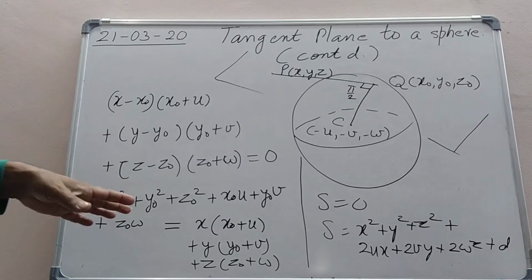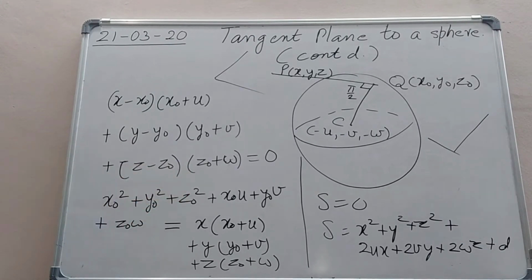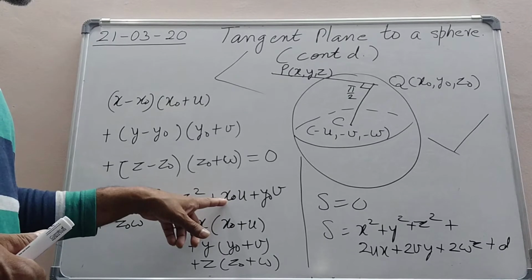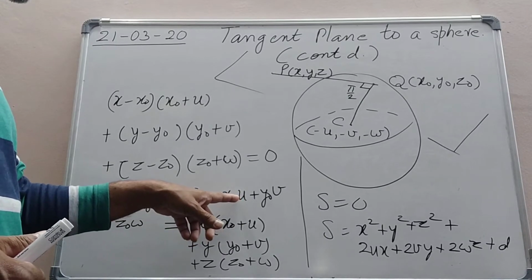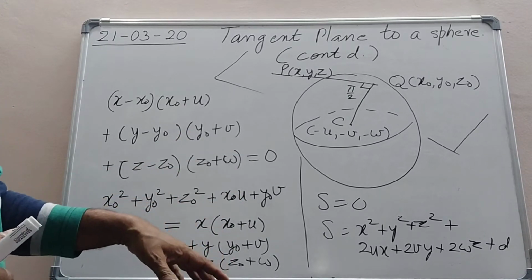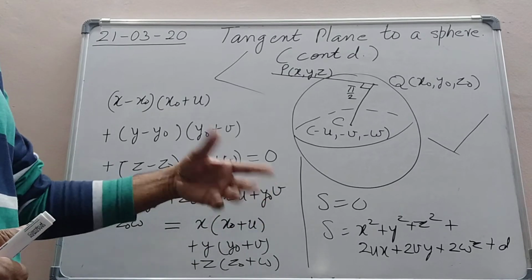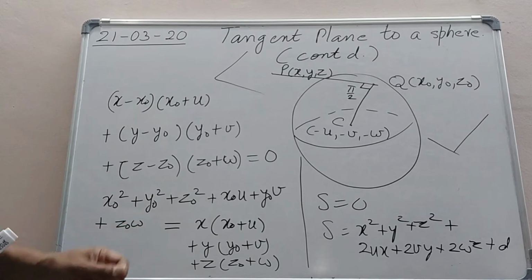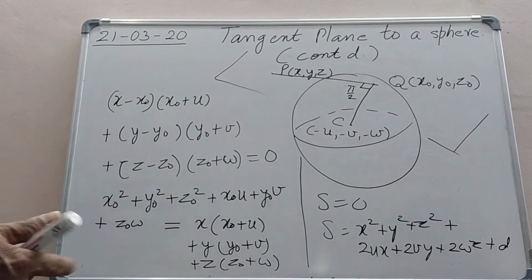And from this equation I will do some manipulations. The manipulations are basically very simple. I add one term x0 plus u on the left hand side and the right hand side. Similarly, I take this term and add it on the left hand side and the right hand side, and similarly with this, and I added d on both the sides.